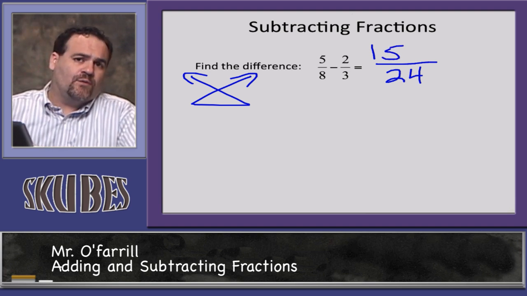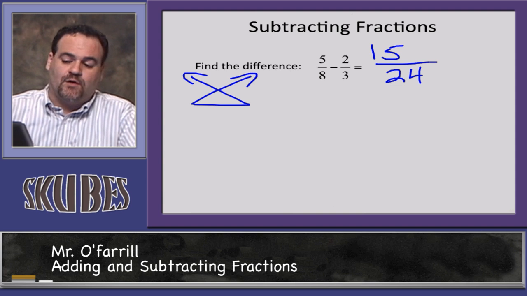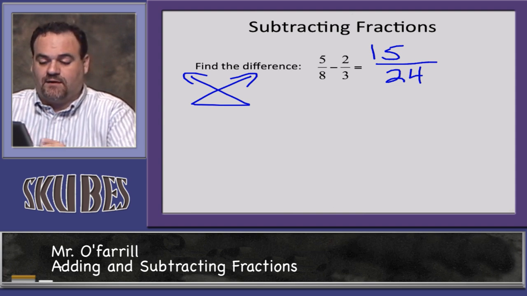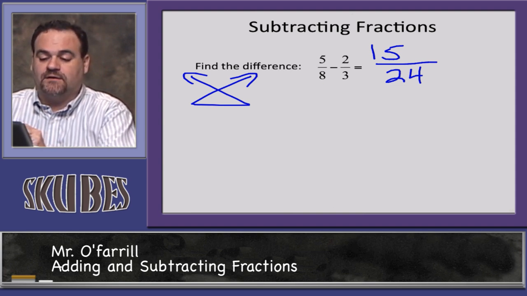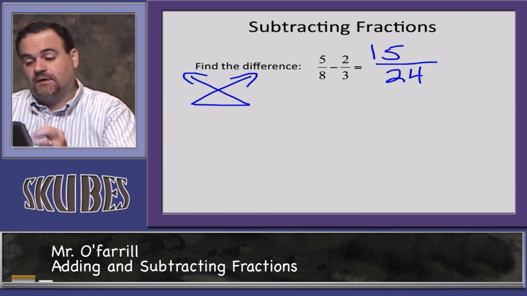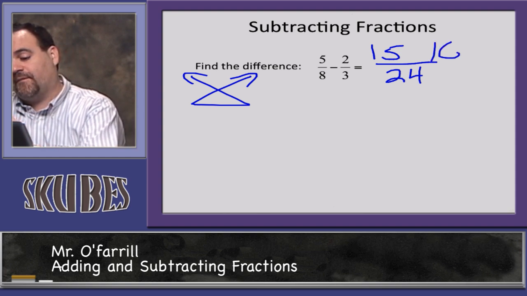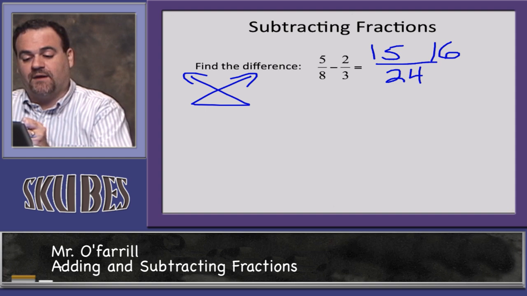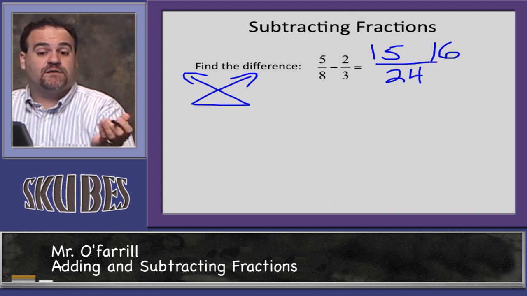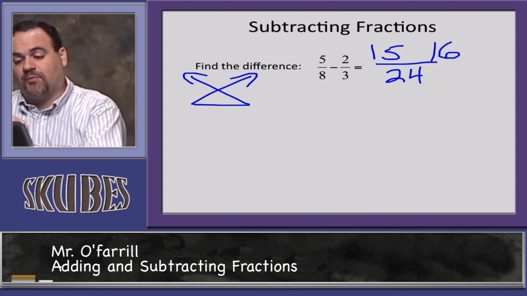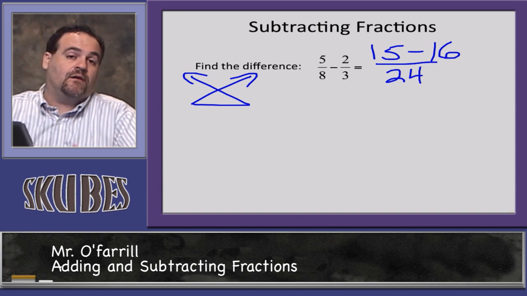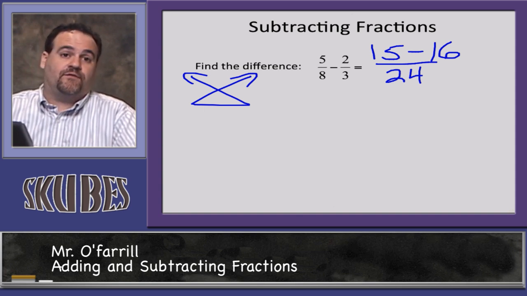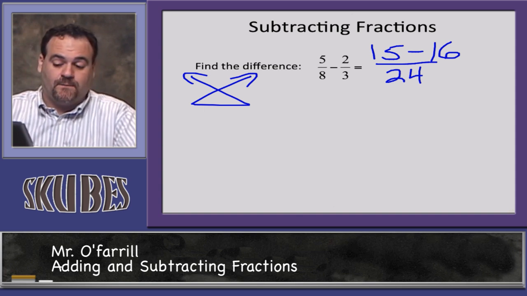And this time, we can look at it one of two ways. We can say that 8 times 2 is 16, and the operator that we have this time is minus instead of plus like our prior problems. So we can say 15 minus 16.